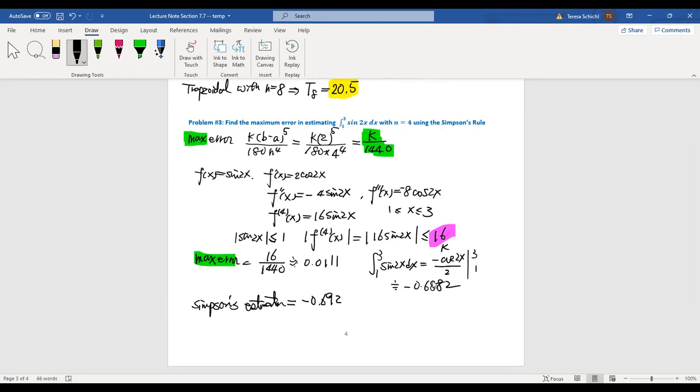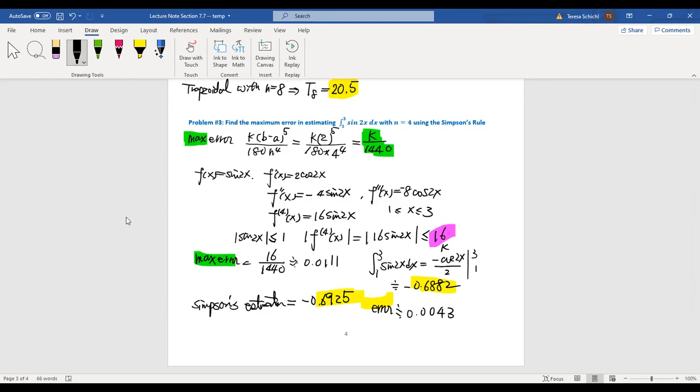The true value is negative 0.6882, so the difference is about 0.0043, something like that.